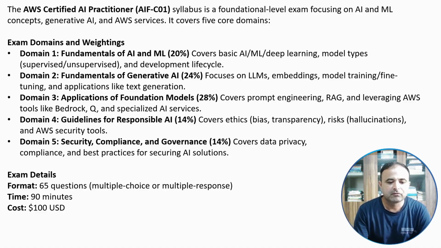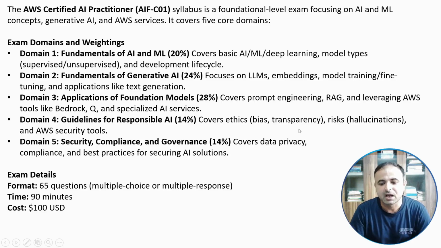Domain three, applications of foundation models, 28%: cover prompt engineering, RAG, retrieval augmented generation, and leveraging AWS tools like Bedrock, Q, and specialized AI services. Fourth, guidelines for responsible AI, that is 14%: cover ethics, bias, transparency, risk, hallucination, and AWS security too.